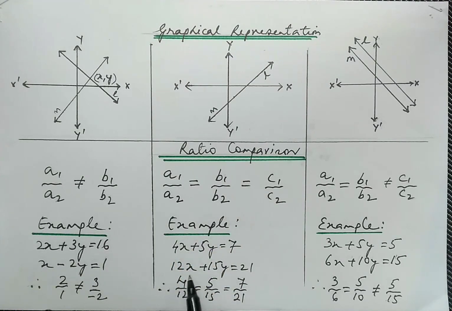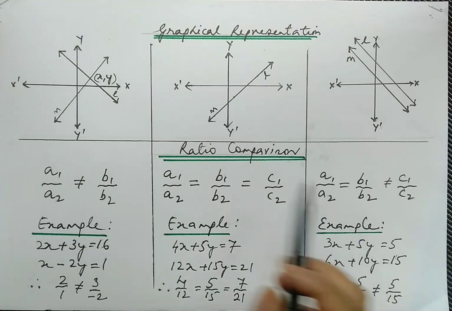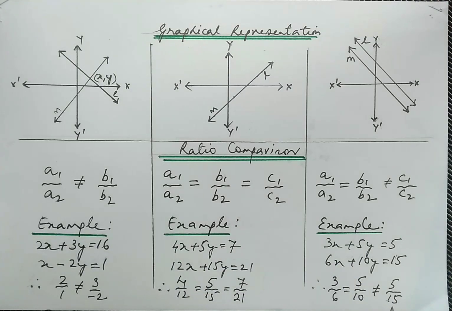They can also ask you to find the value of k in general for consistent. So you have to find the value of k by putting in these ratio comparisons. All right, so there will be a lot more from this chapter, but these are the basics. If you have these completely known to you, there will be no difficulty at all.